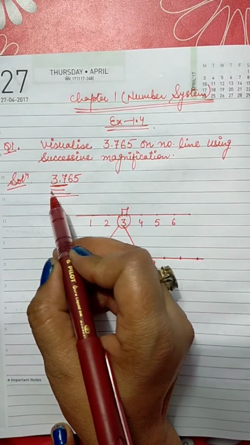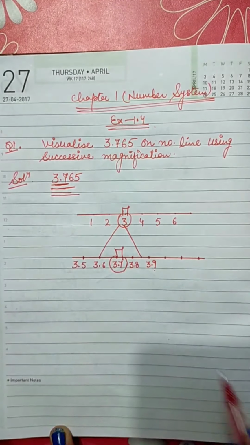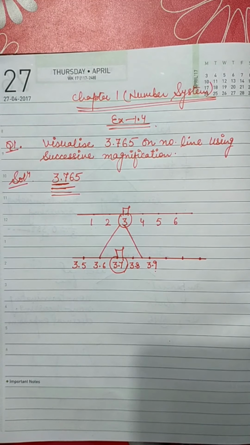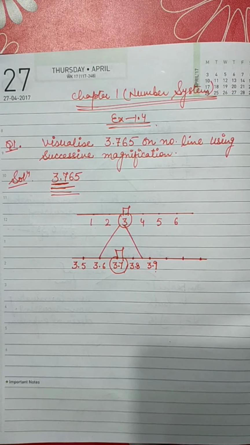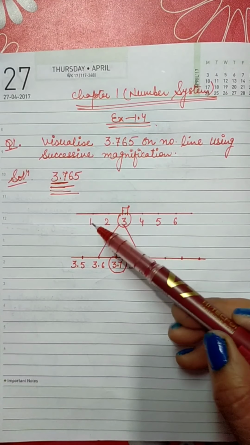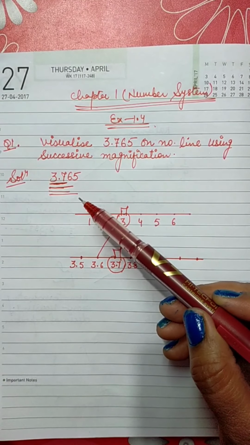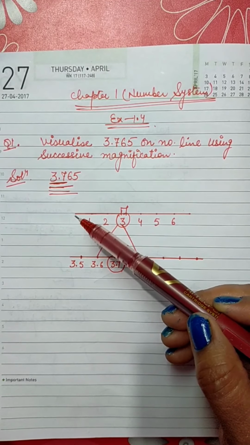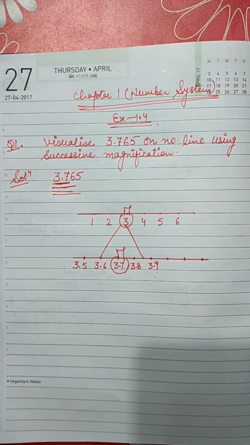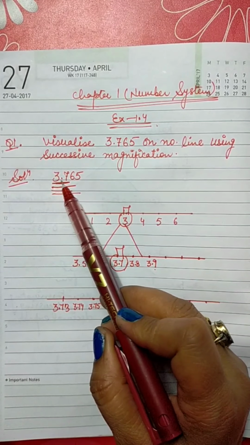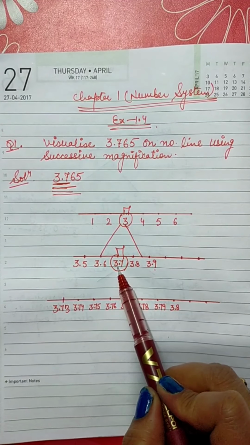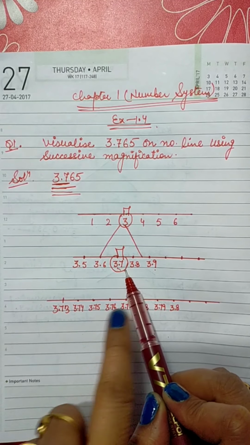Now we need 3.76. Now 3.76 lies between 3.75 and 3.77. So you can see whichever number we are taking, one number before it and one number after it. So now as we need 3.76, we have to magnify 3.7 and 3.8.